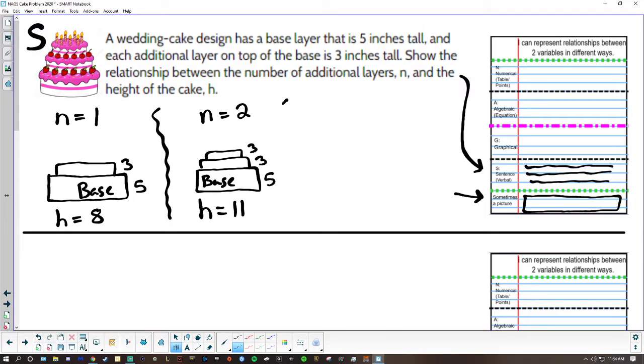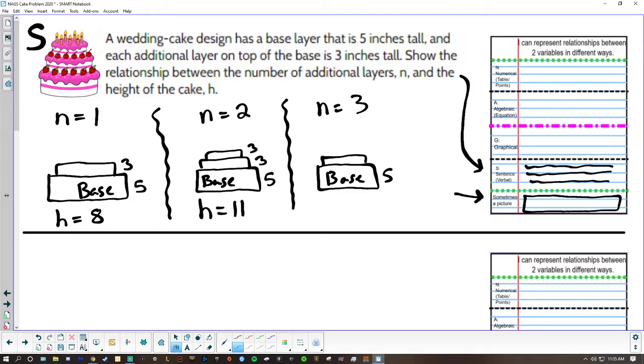Okay, let's do another one. Let's say I have 3 additional layers on my cake. Remember, additional, so I already have a base. All of my cakes have a base that's 5 inches. And now I need to add 3 additional layers.